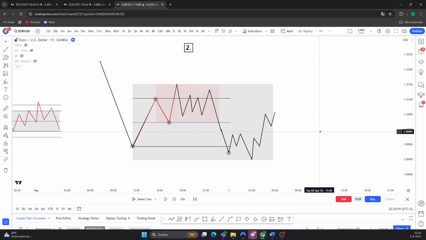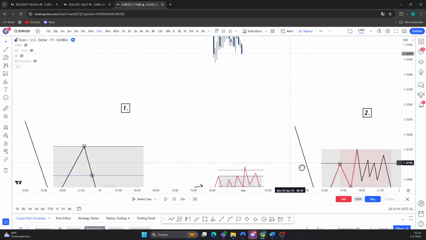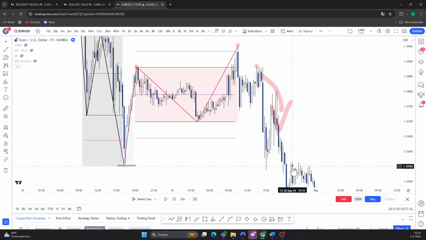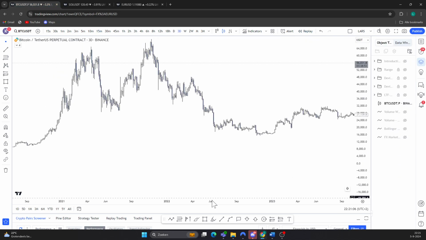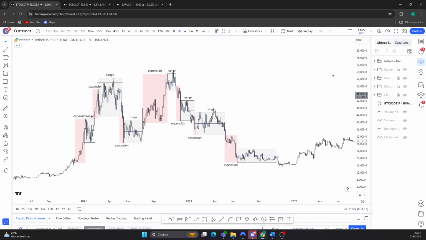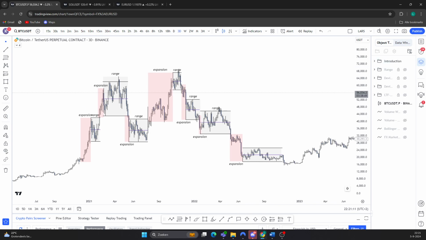So to summarize it, let's go back to the introduction. We have the theory behind a range, that a range is simply when price is moving sideways.